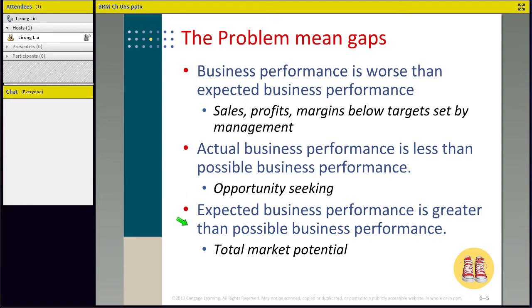The third one is expected business performance is greater than possible business performance. This, to me, is also an issue, because this is a situation where management is just too ambitious. They set up an unrealistic goal.